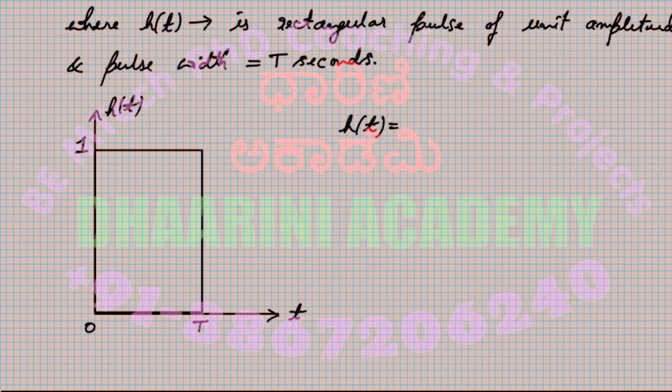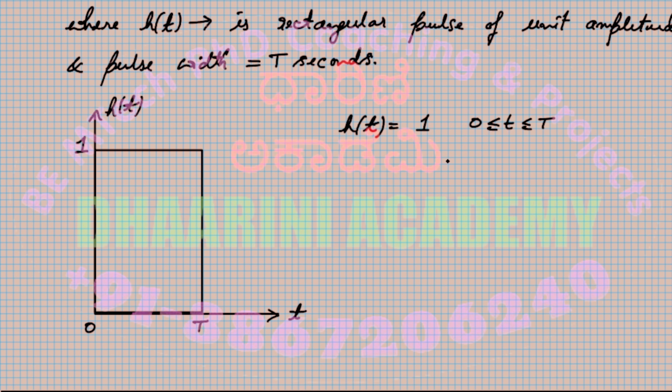So as of now, I can see here is something like this is one, from where to where? So it's 1 for 0 less than or equal to t less than or equal to capital T, and I can say, right?